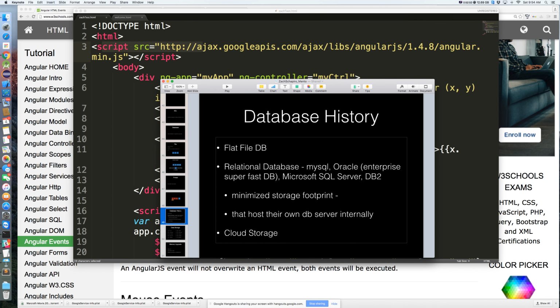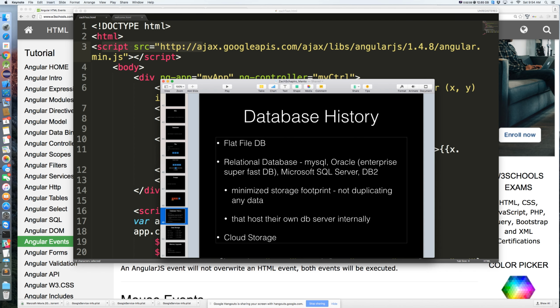These systems lent themselves to not duplicating any data. Keep your storage footprint down to the absolute minimum, because every little bit that you store cost real dollars back then. Where today we don't care, right?